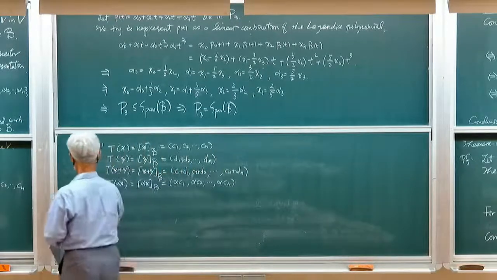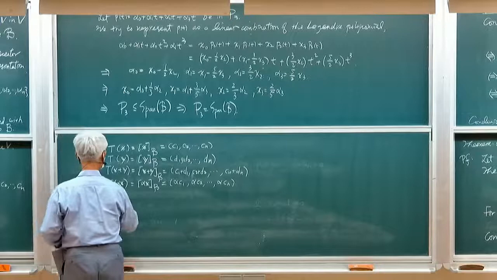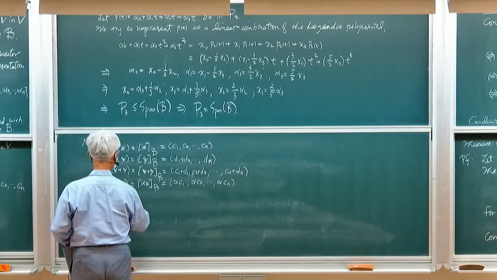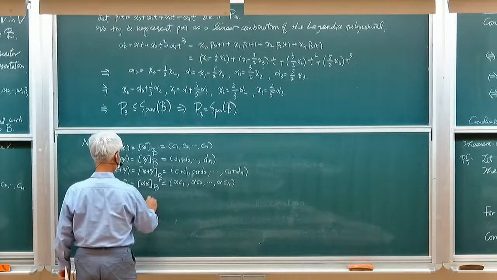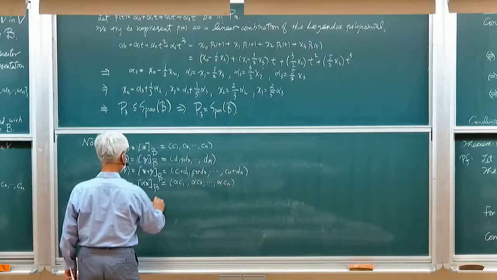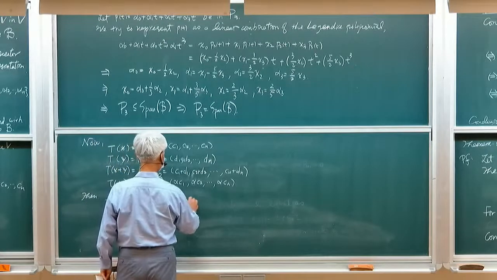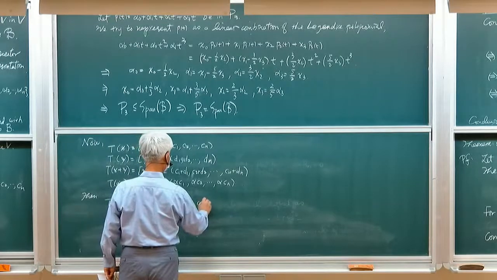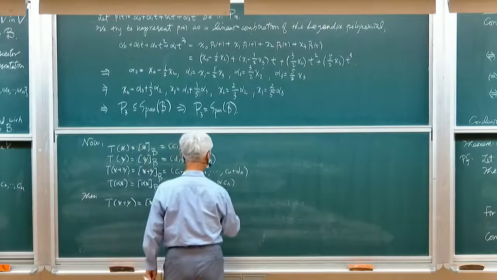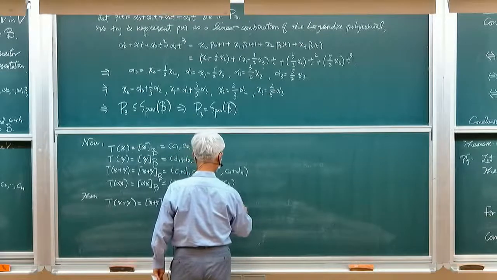So then we compute T of x plus y. This is c1 plus d1, c2 plus d2, cn plus dn. All right.